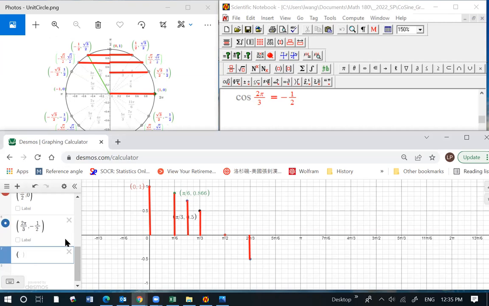So we're going to get 3 pi over 4, comma, negative square root 2 over 2, right? The green dot, we can label them. We can label them all.